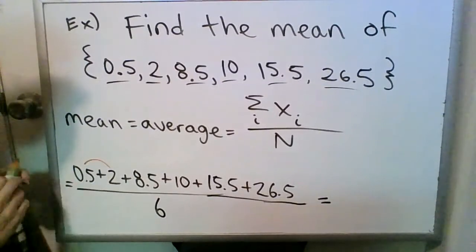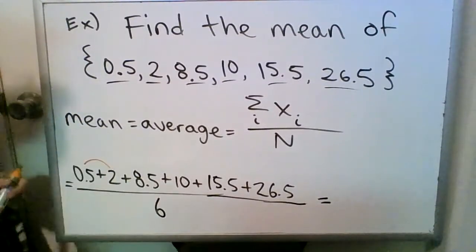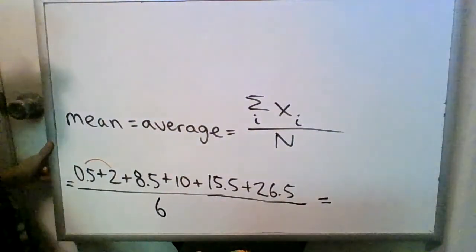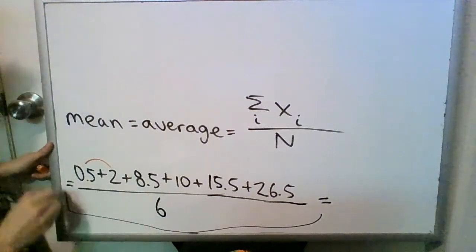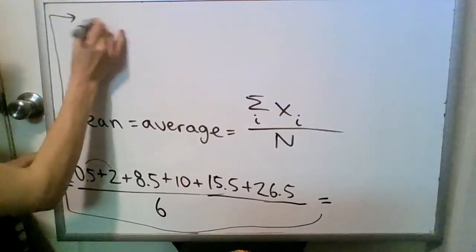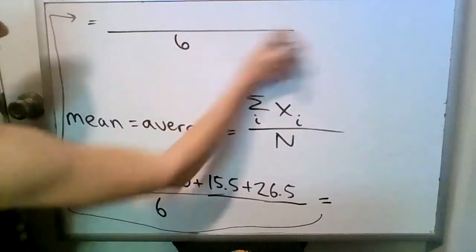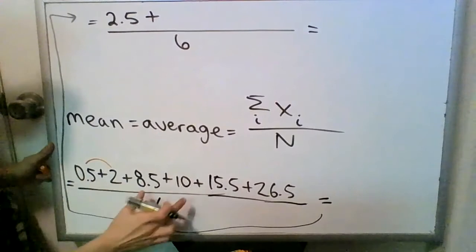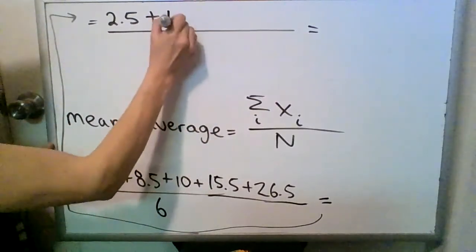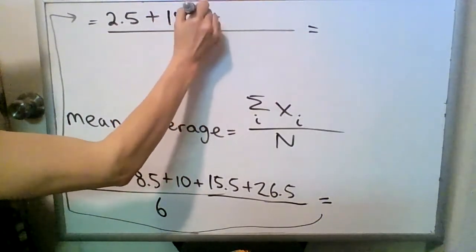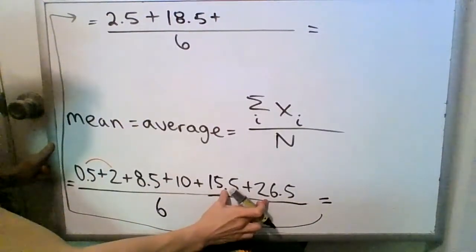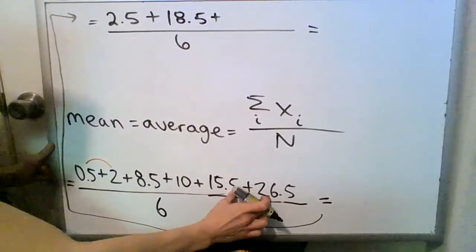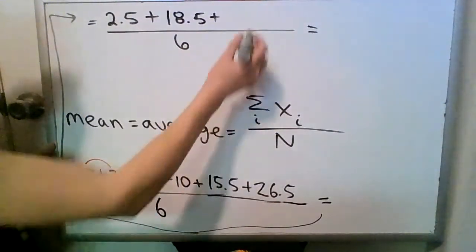Here we've got 2.5. That's here, 18.5. The last two together would be 42.